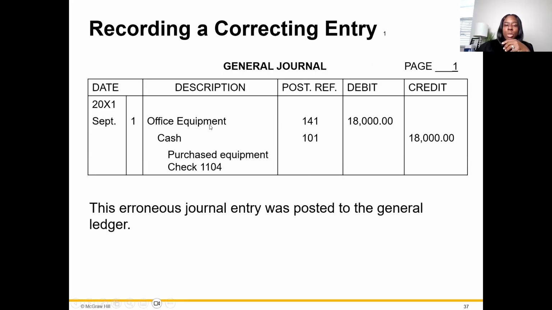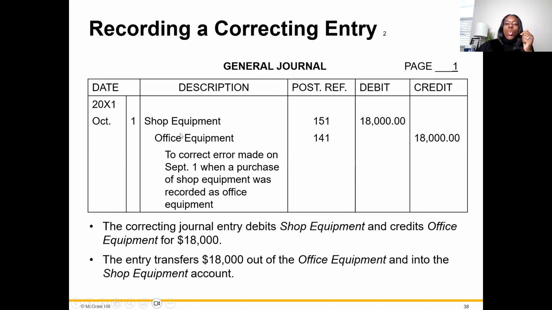And this is how we do that. So office equipment, this was the original error. We booked it to office equipment. It should have been shop equipment, okay? To correct it, we remove it from office equipment. And so remember, equipment is an asset.